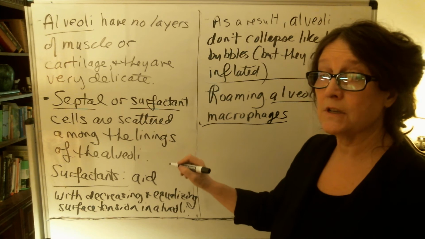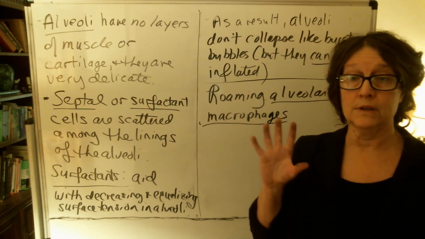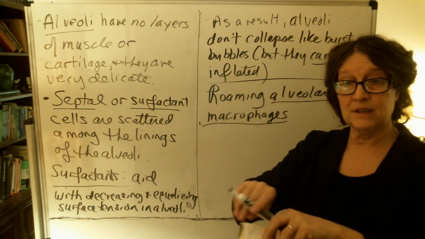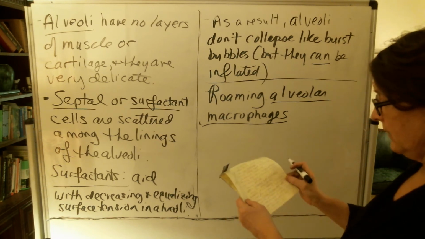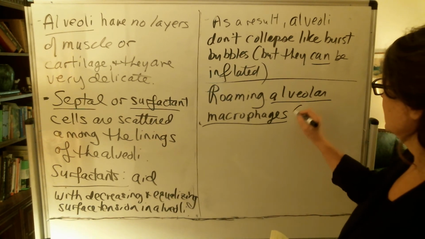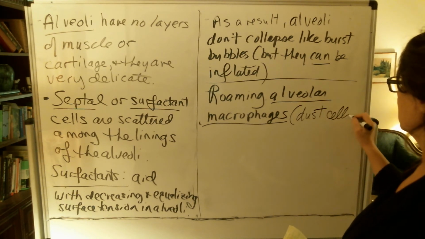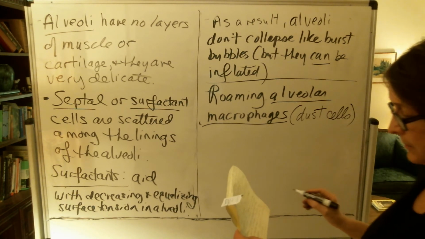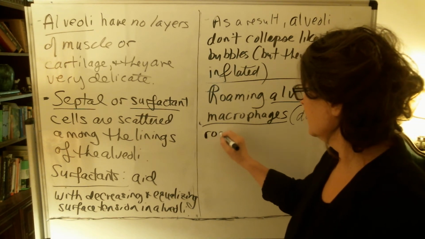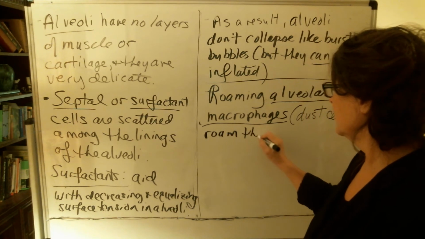You remember phagocytosis? Basically, where one cell eats another cell. So we have roaming alveolar macrophages, known as dust cells.